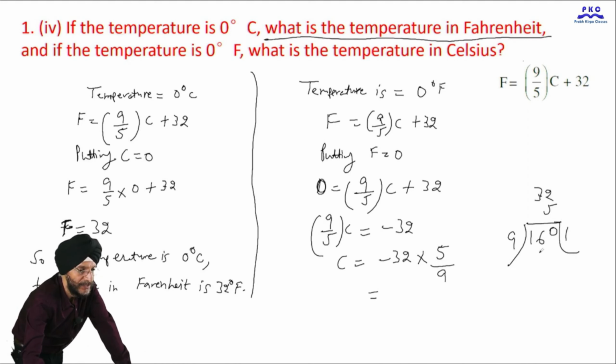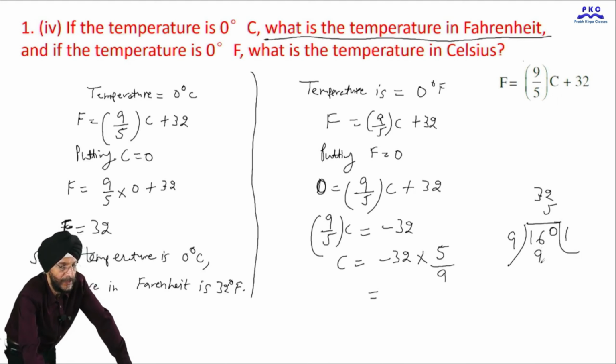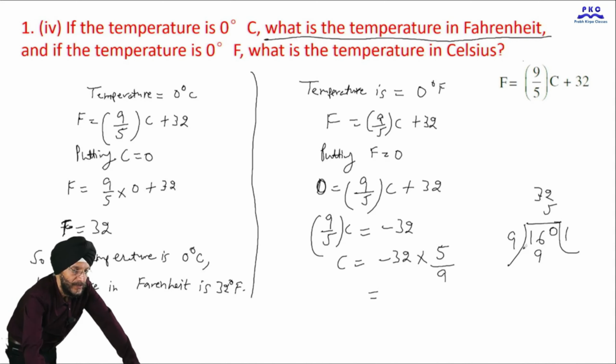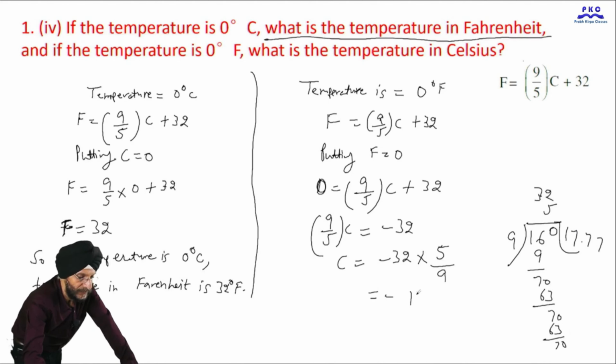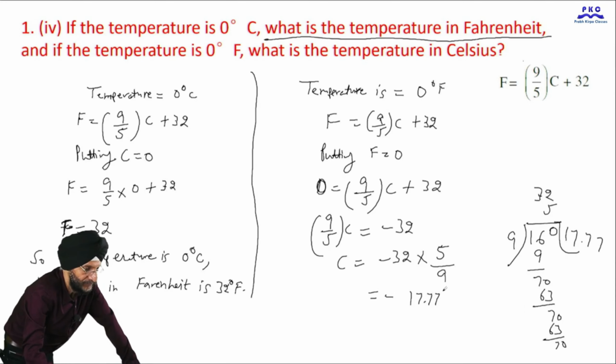Let us see what happens. 16 divided by 9 leaves 7, and continuing, it becomes minus 17.77.